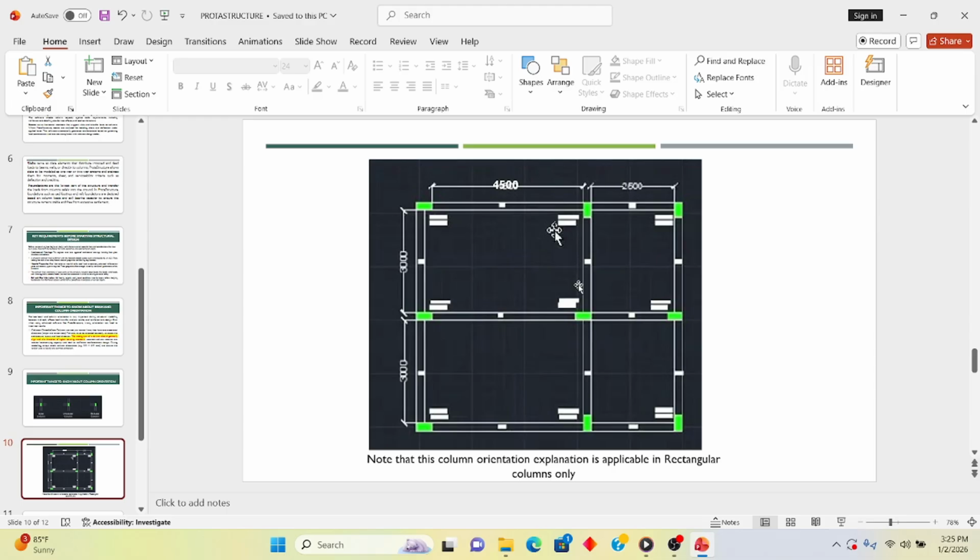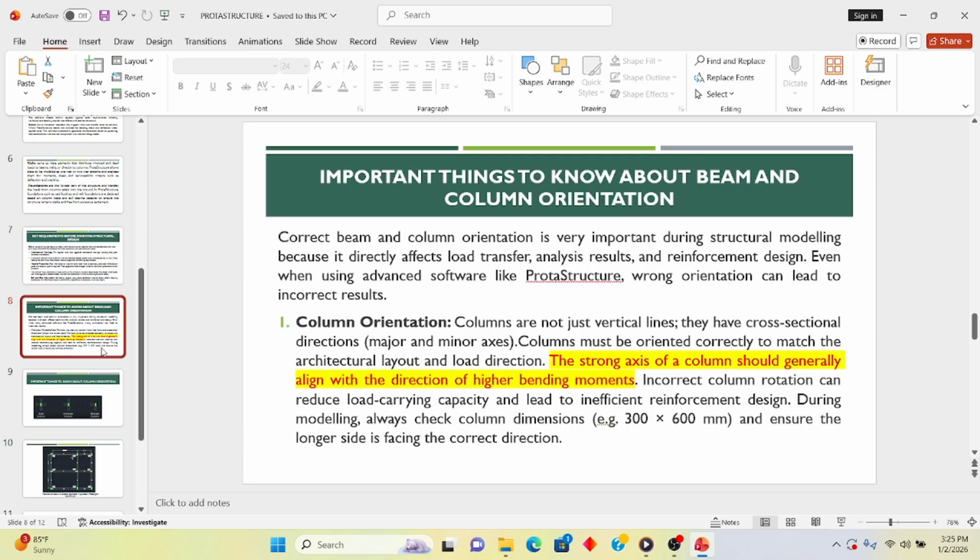In this direction, there is equal load, which means there is no bending in this direction. But in this direction, there is bending because the load exerted from this is higher than the load exerted from this beam. In such an instance, you have to orient your column in such a way that it goes into this one that has a higher load, so that we can satisfy the statement that says the strong axis of a column should generally align with the direction of higher bending moment.